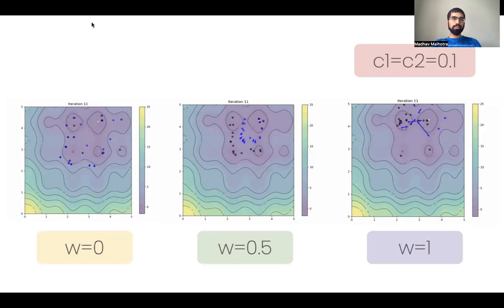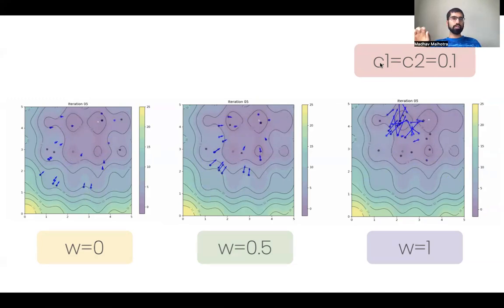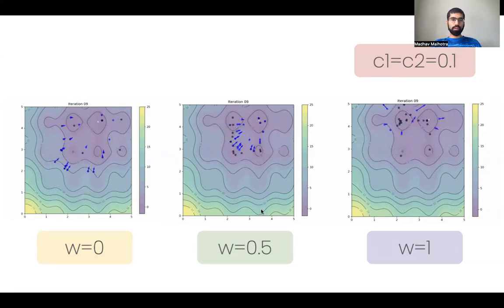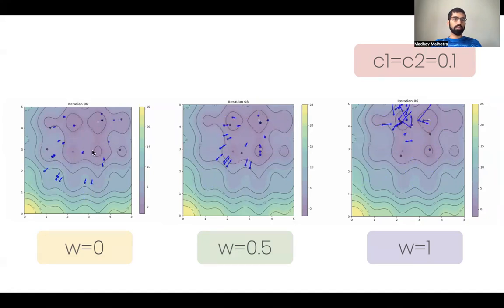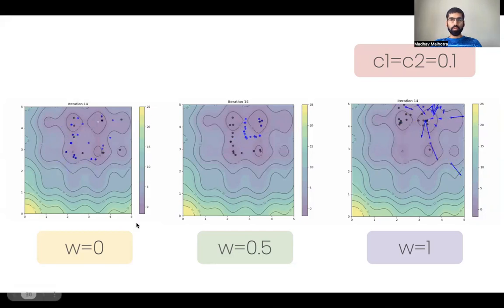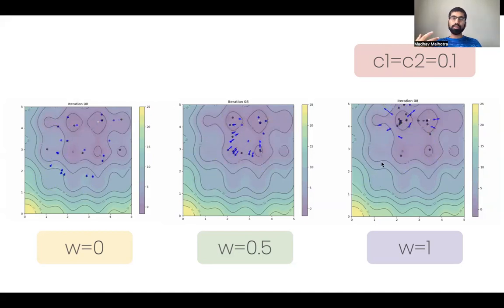Here, we have fixed the cognitive and social components of the fish so that we can explore the effect of the weights. When we set the weight to a very small value, you can see that the fish barely are moving. They're moving very, very slowly because they have very little inertia. When we have the weight set to a very high value, you can see the vectors that represent the velocity are really, really large.